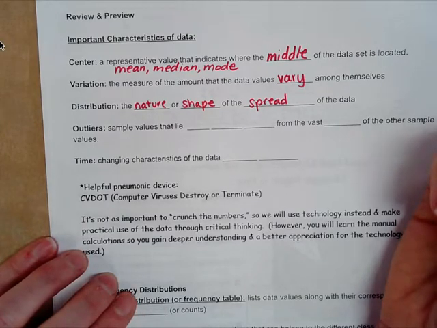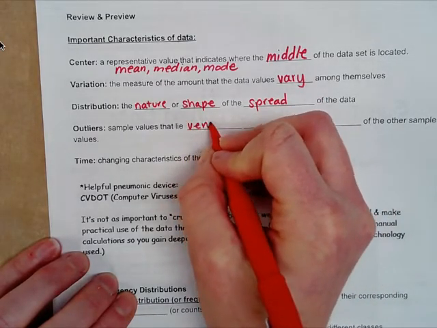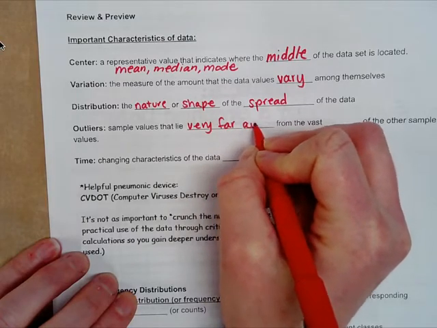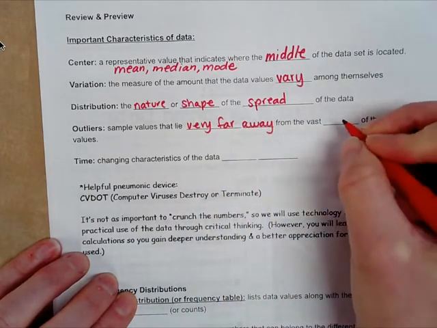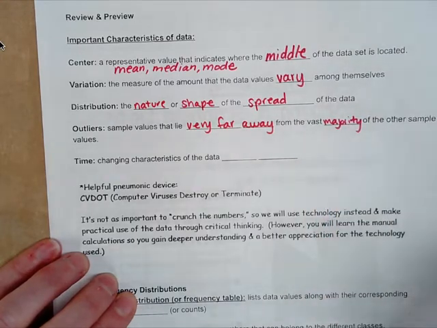Then we have outliers, sample values that lie very far away from the vast majority of the other sample values.